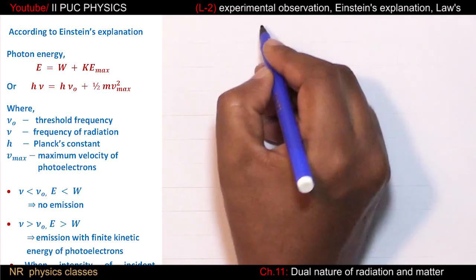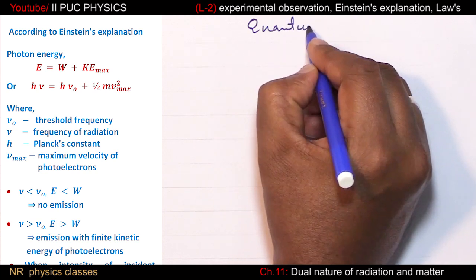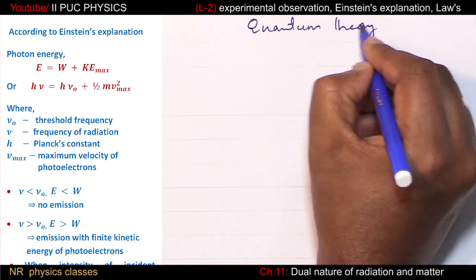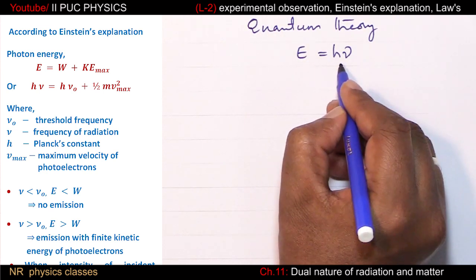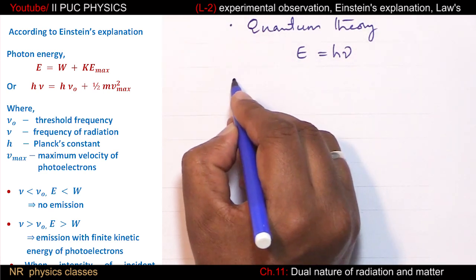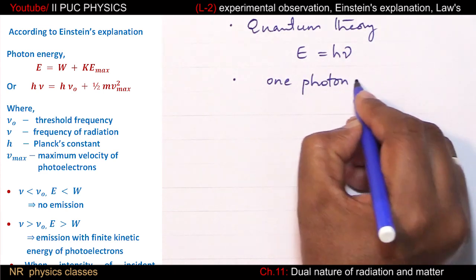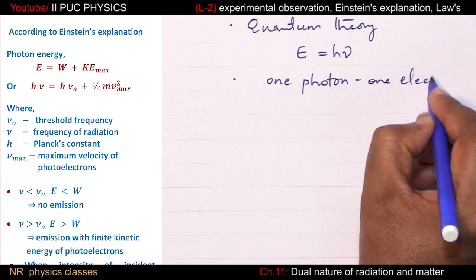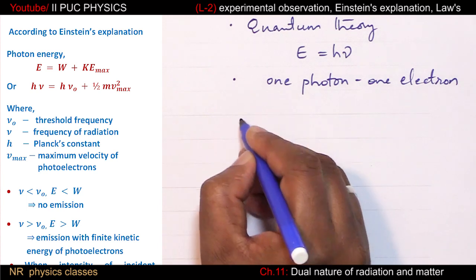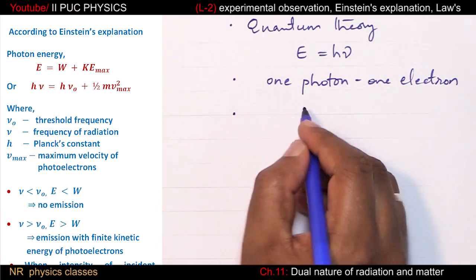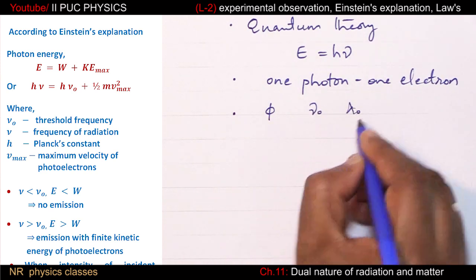In Einstein's explanation, Einstein used quantum theory, which says energy of a photon is h nu. This is one point. Second point, one photon, one electron. One photon can interact only with one electron. Third point, work function corresponds to threshold frequency, threshold wavelength.